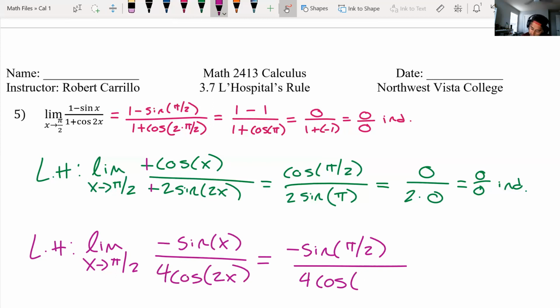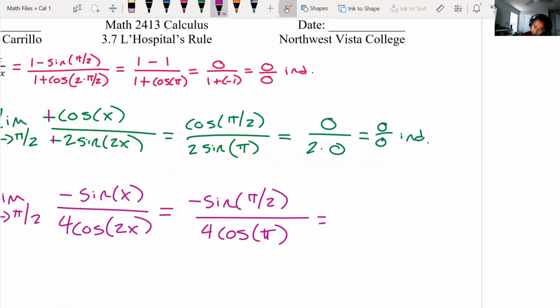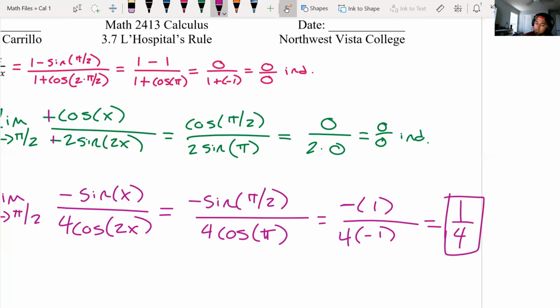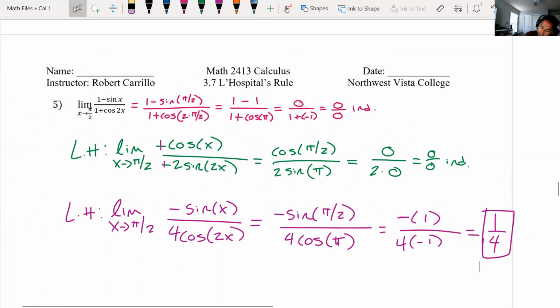Two times pi over 2 is pi. And what is the value of sine at pi over 2? 1. What is the value of cosine at pi? -1. And you'll get -1 over -4, or 1/4. There we go. Yeehaw.